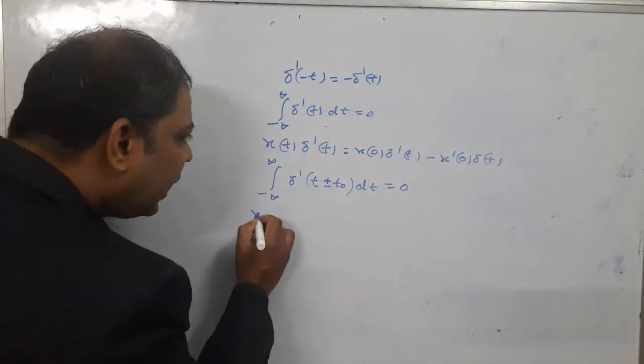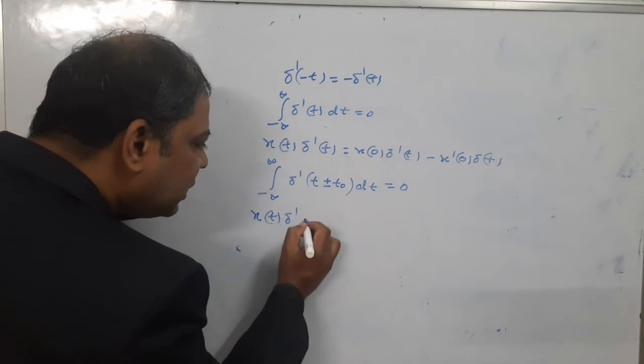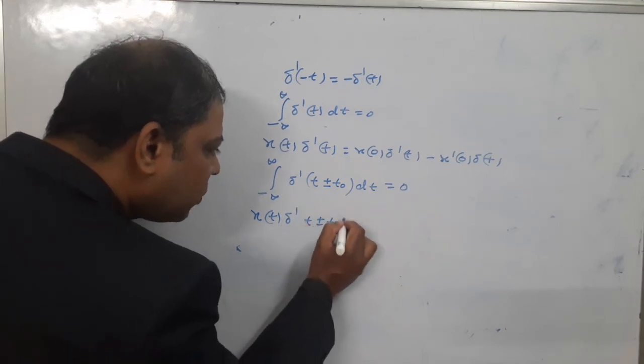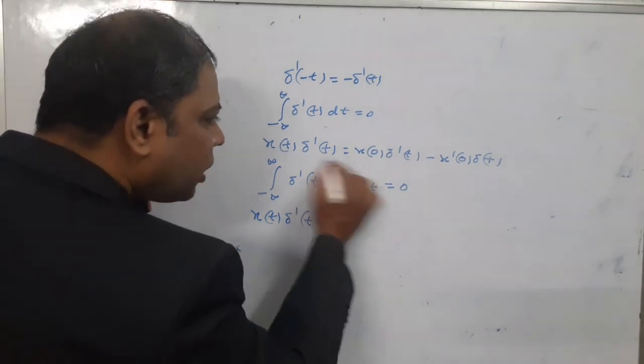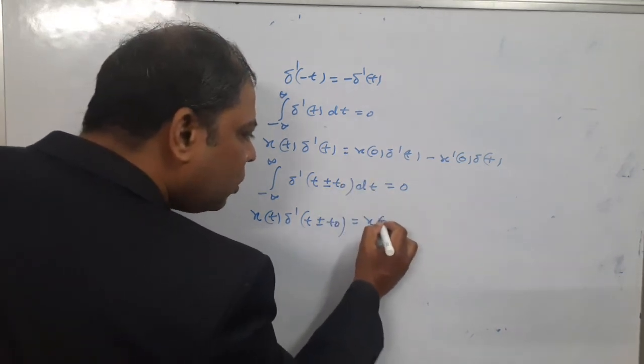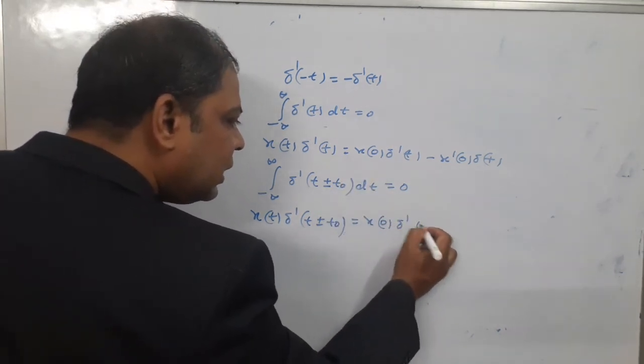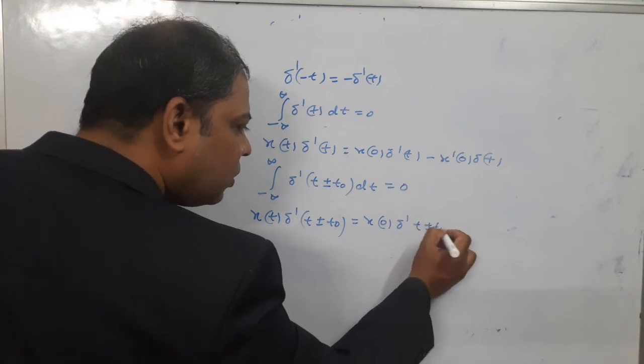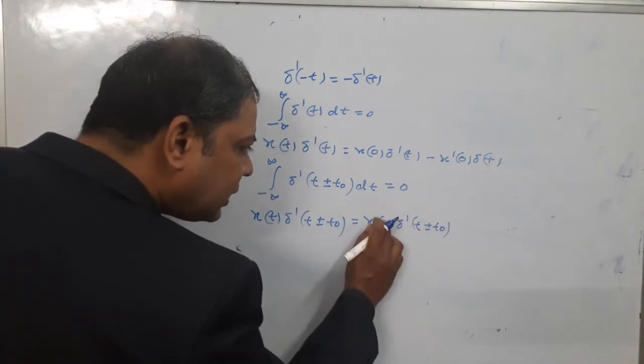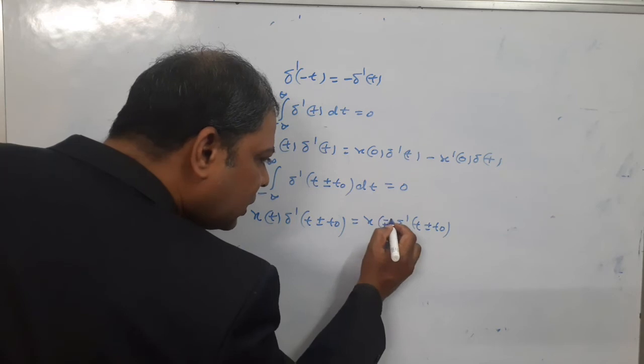Next you see x(t) del dash t plus or minus t0, product property, that is equal to x of 0 del dash t plus or minus t0, not x of 0. This is x of minus or plus t0. Why?